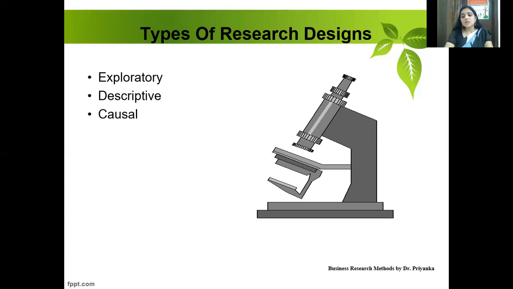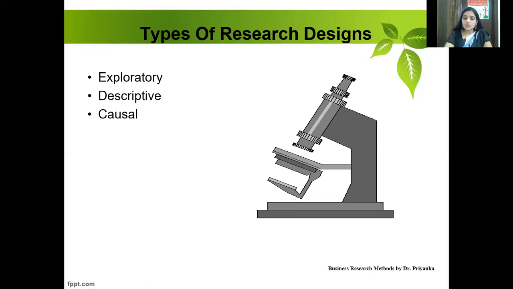Then descriptive research is something when you have an idea about the problem, when you know these are the possible reasons of the problem which is actually going on in the organization. So you might have a few researches in your hand, so you can go for descriptive research. When you know that your initial research is complete, then you can go with that. Then causal research is generally done after exploratory or descriptive research.